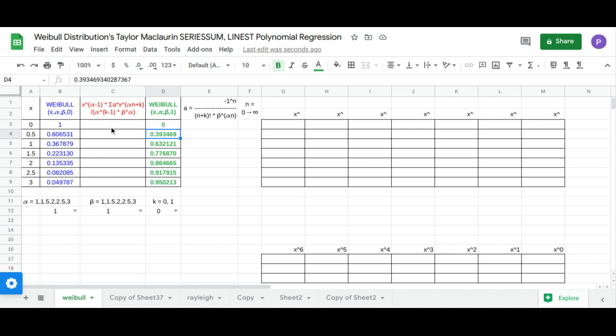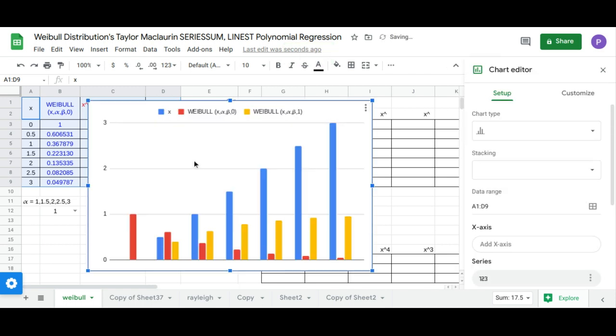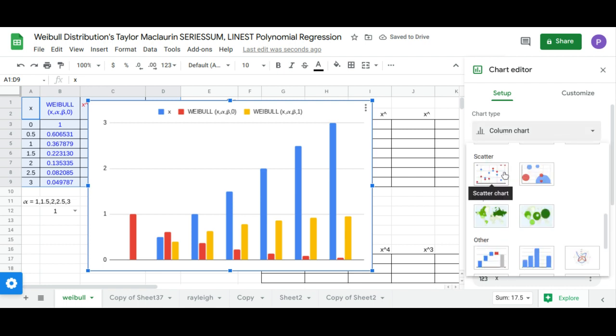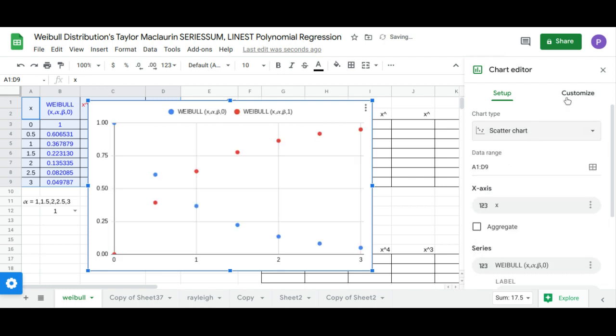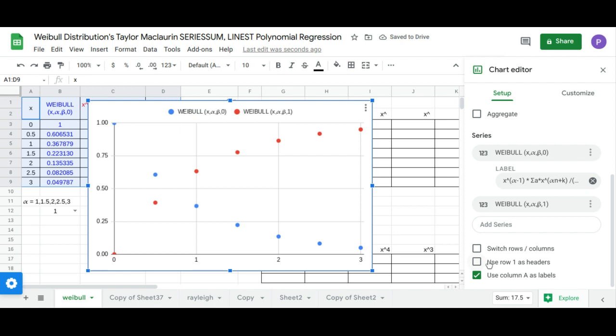And the Taylor-Maclaurin series. So here we can chart this. Insert chart. And we will use scatter chart. So scatter chart is row as header.